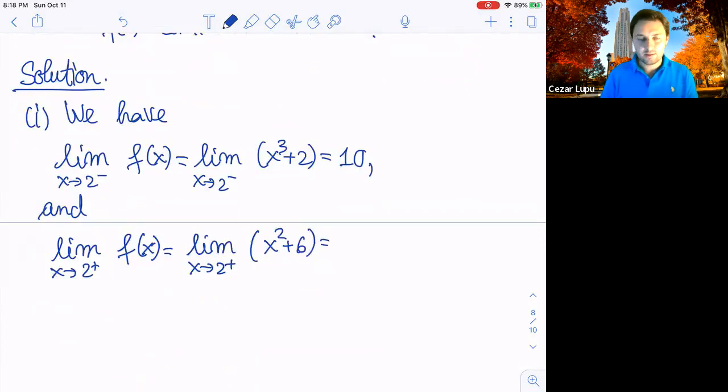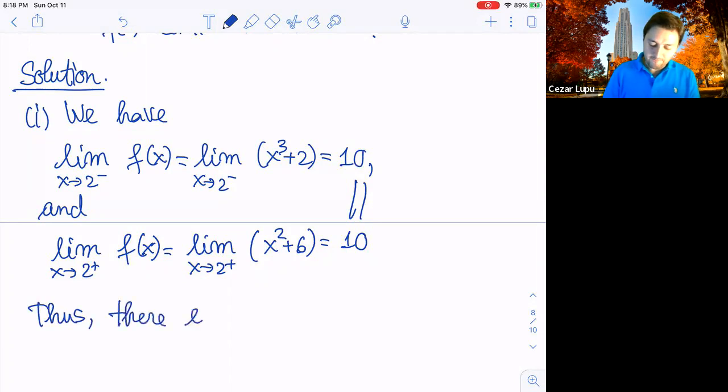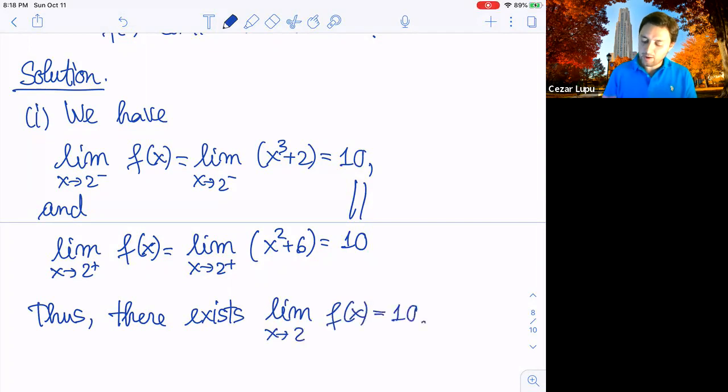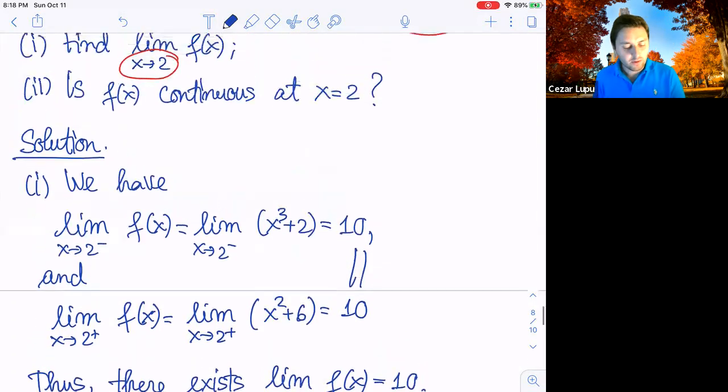Well, guess what? It's 4 plus 6, which is again 10. These two agree. So this implies that the limit as x approaches 2 of f of x exists, and moreover, it is equal to 10. So that's how we solve the first part.